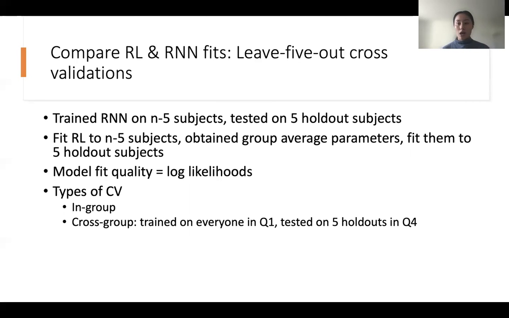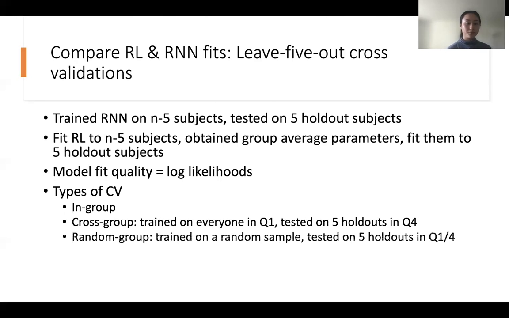We also did cross-group cross-validations, which means that you train a model on everyone in Q1 and test it on 5 holdouts in Q4 and vice versa. And finally, random group cross-validation means that you train a model on a random sample from all 4 groups, and then test this model on 5 holdouts in either Q1 or Q4.